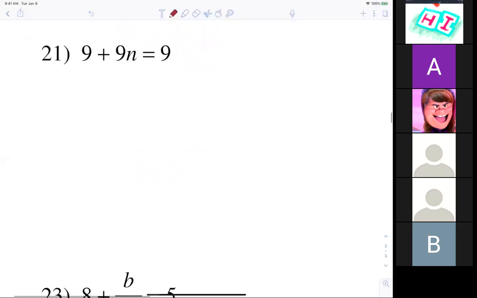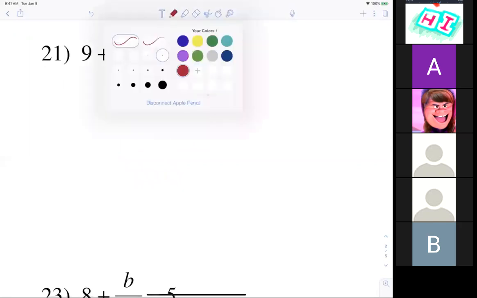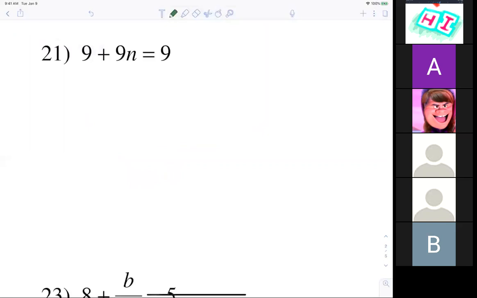Here we go, number 21. Someone help me. Subtract 9. Oh yeah, subtract. Just remember, there's no parentheses, so we undo the adding 9. So we subtract 9 from both sides.